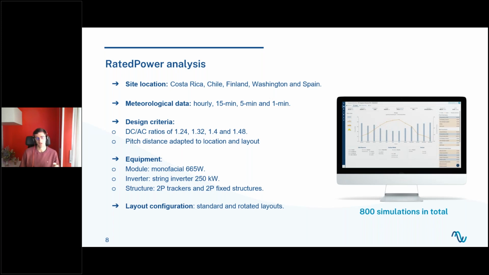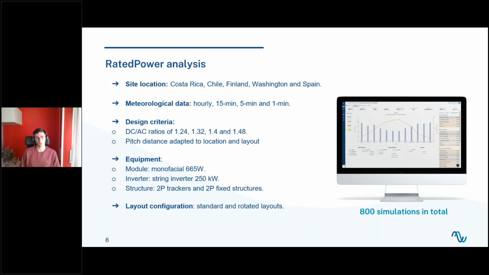In terms of design criteria, we wanted to also consider the effect that the DC/AC ratio may have on the results. So we evaluated 4 different DC/AC ratios, and then the pitch distance will be adapted to the location and the layout, as it's not something that we wanted to optimize here.